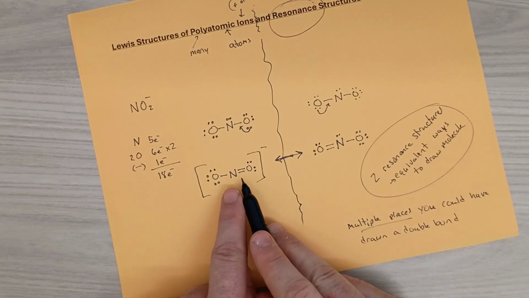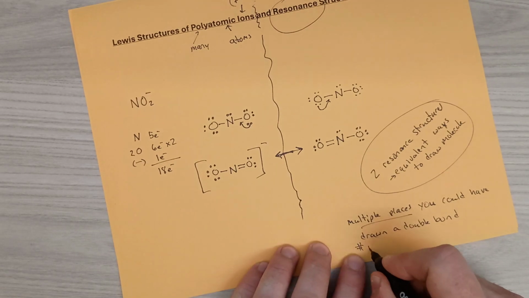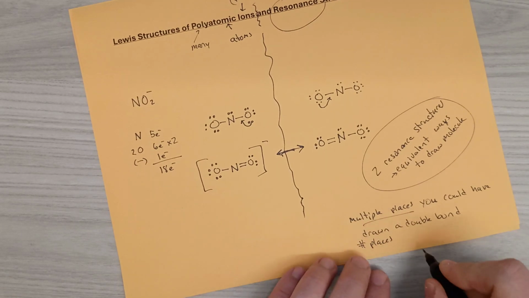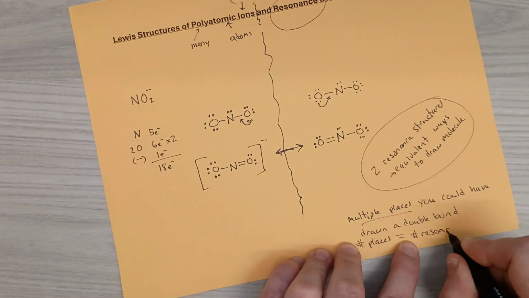So we could have made the double bond go here or there. And the number of places where you could have drawn that double bond equals the number of resonance structures.